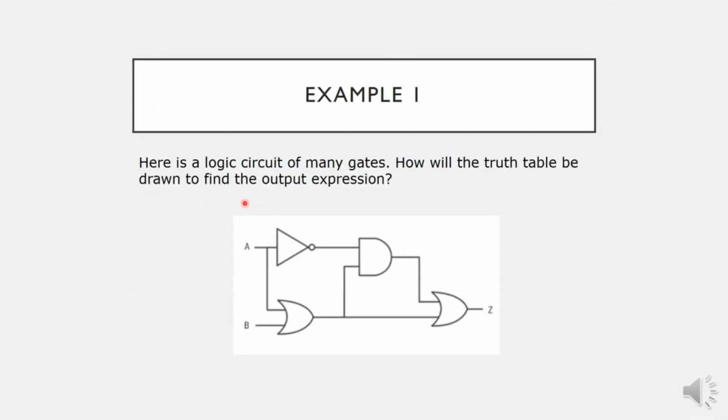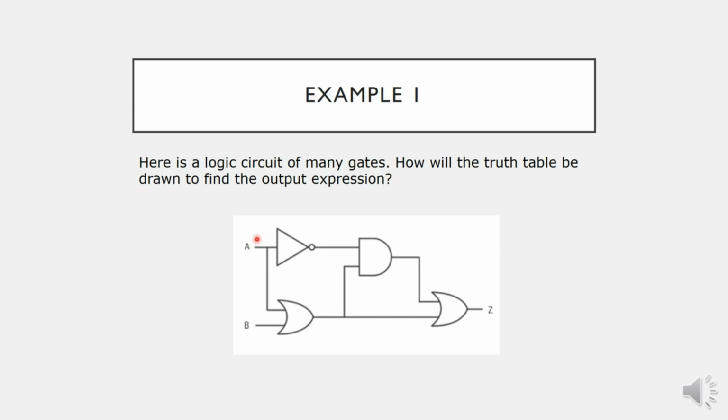Alright, let's look into the example. Here is a logic circuit of a number of gates. We have one NOT gate, 2 OR gates, and 1 AND gate. How will the truth table be drawn to find out the logic expression for this circuit?